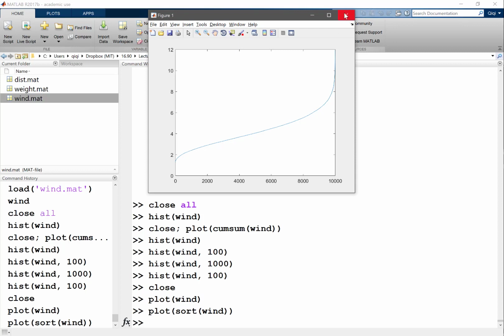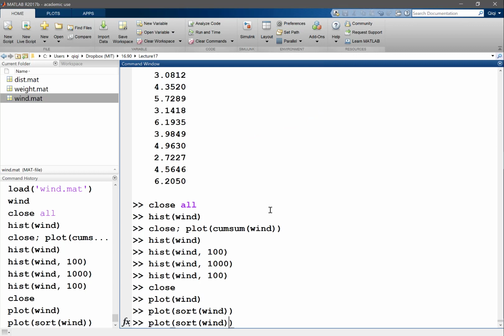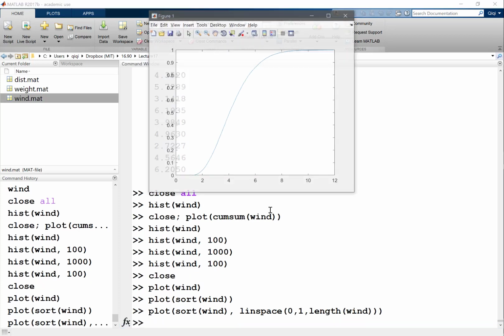Or in another way, if I want to really plot the CDF, or approximately the CDF, here would be linspace. I would use the sorted wind as the x-axis and the linspace, with the length of wind, being the y-axis.